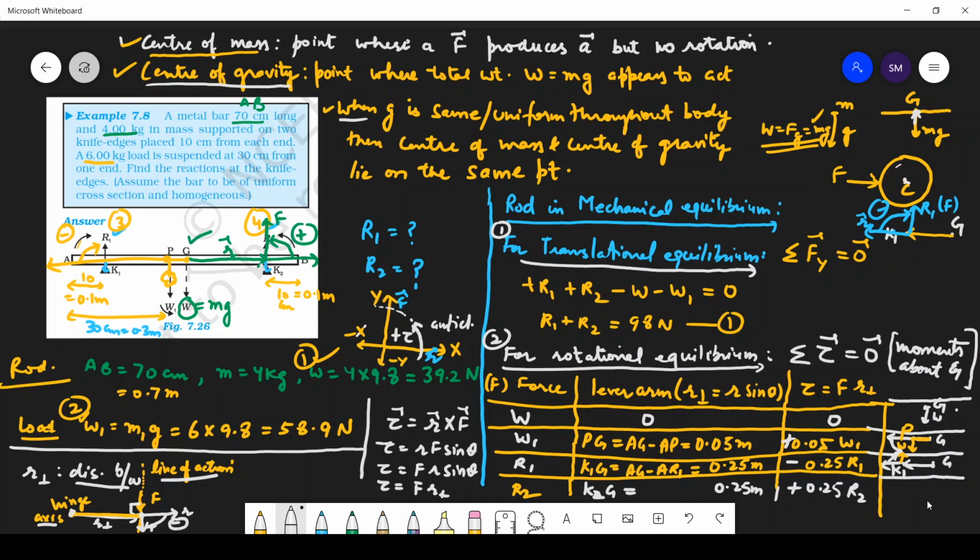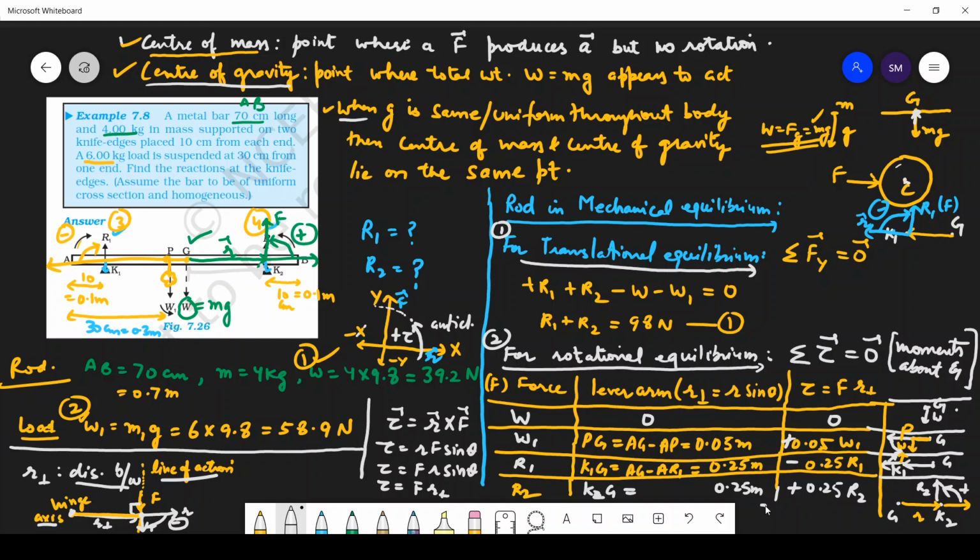Here you have G and K2, where the force R2 is applied upward. From the position vector direction to the force direction, that direction is positive. So the direction of tau is positive here.